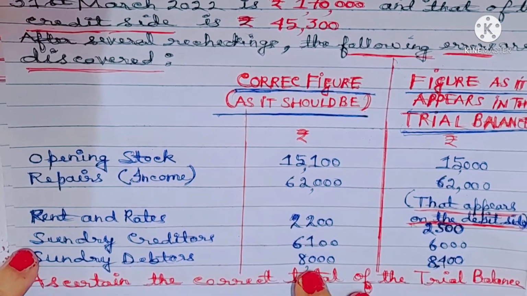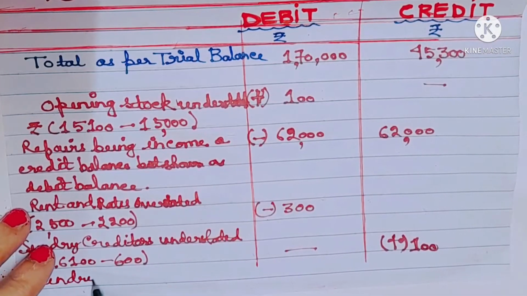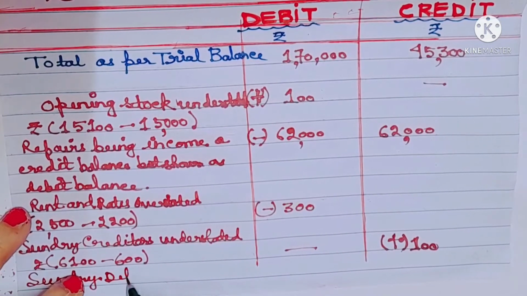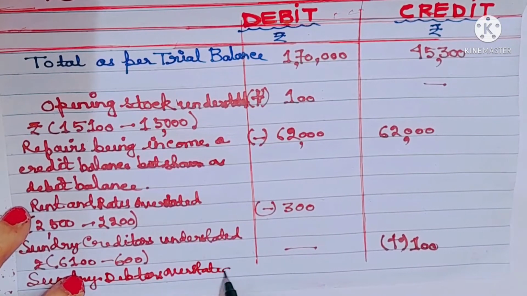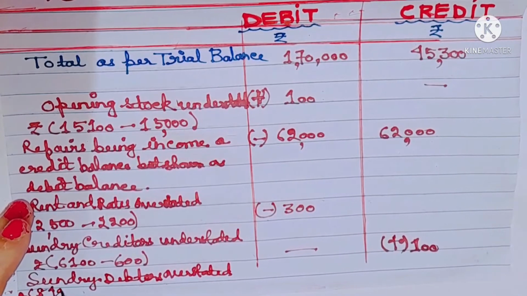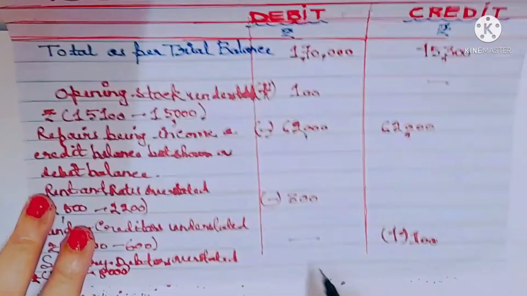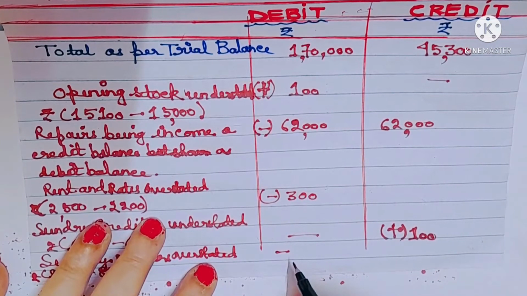Why? Because sundry debtors has a debit balance. Sundry debtors overstated, because they have written more. Overstated how much? 8,400 minus 8,000. What do we write? In the debit column, minus 400.